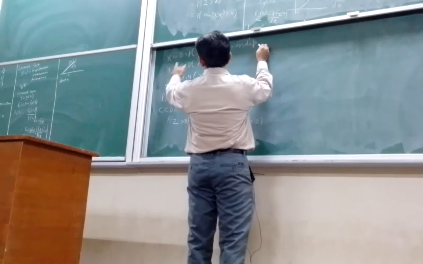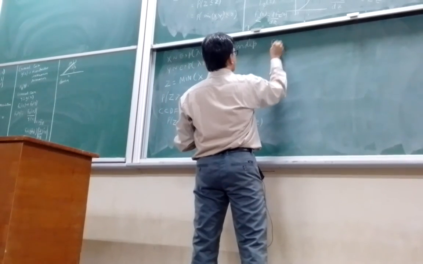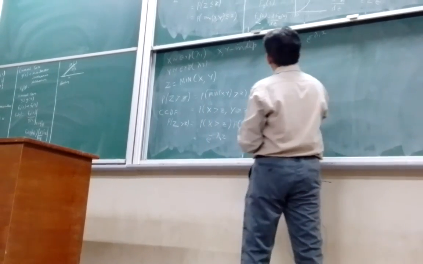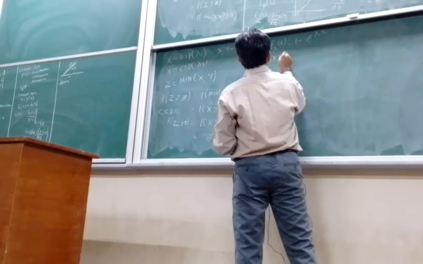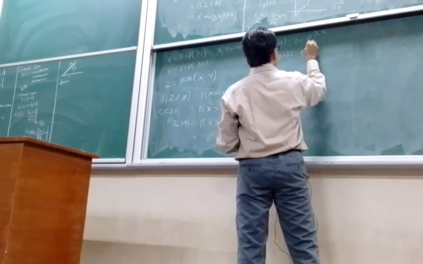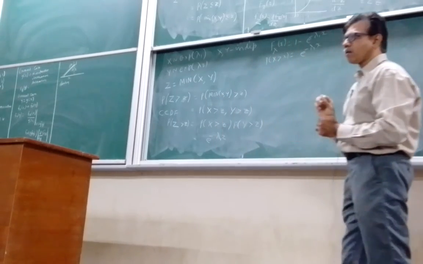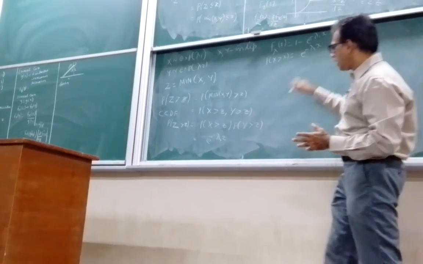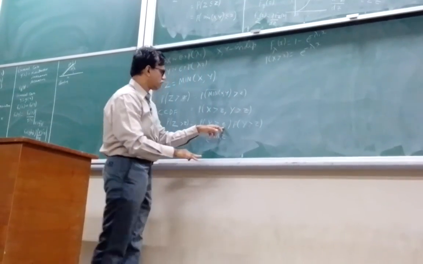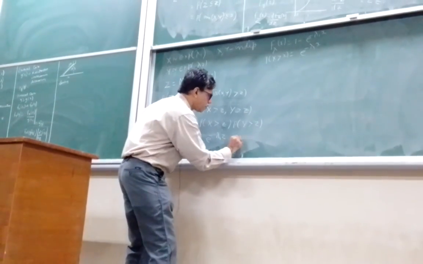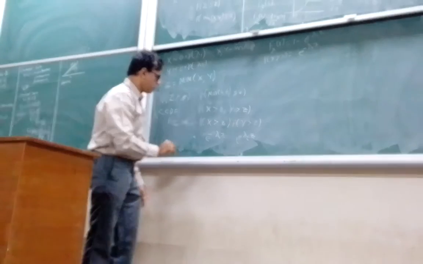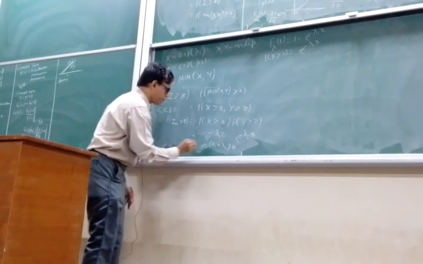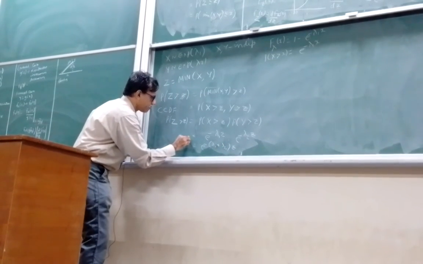Because you can see that X is exponential, so F_X(x) is 1 minus e power of minus lambda 1 x. And the CCDF of any x, the same holds good for Y also. CCDF always has this form. So that is what we are using, but we are computing at z. e power minus lambda 1 z and e power minus lambda 2 z. That is equal to e power minus (lambda 1 plus lambda 2) into z. This is the probability that Z is greater than z.